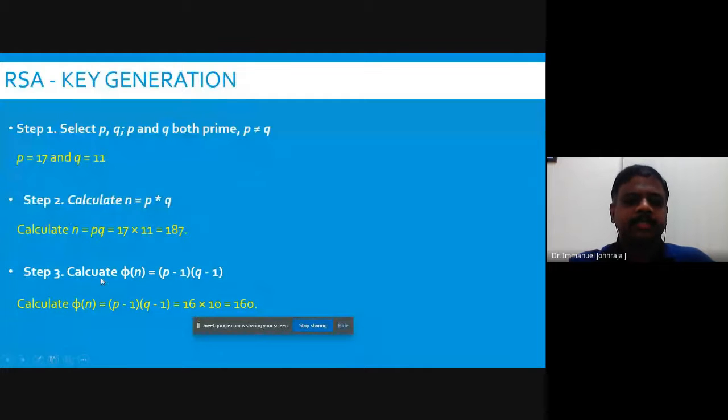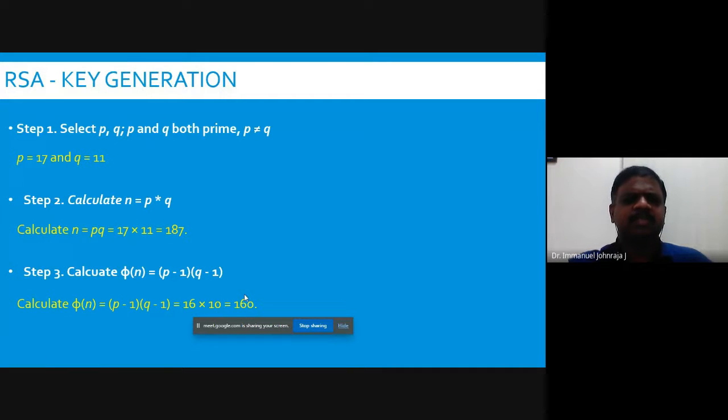Third step: we have to calculate phi of n, which is p minus 1 multiplied by q minus 1. P minus 1 is 16, q minus 1 is 10. So 16 multiplied by 10 gives 160.